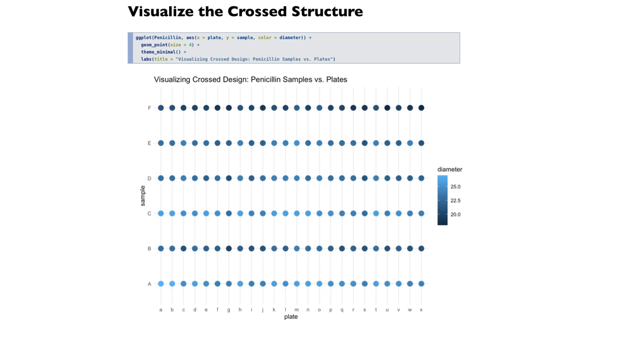You can make these kinds of plots. I gave you a little code to do that. This is fully crossed, right? Because I have a circle at every combination of sample and plate. The penicillin samples are the rows and the plates are the columns, and the outcome is diameter. So every plate has every sample, and every sample has every plate. So it's fully crossed, meaning you've got a lot of dependence.